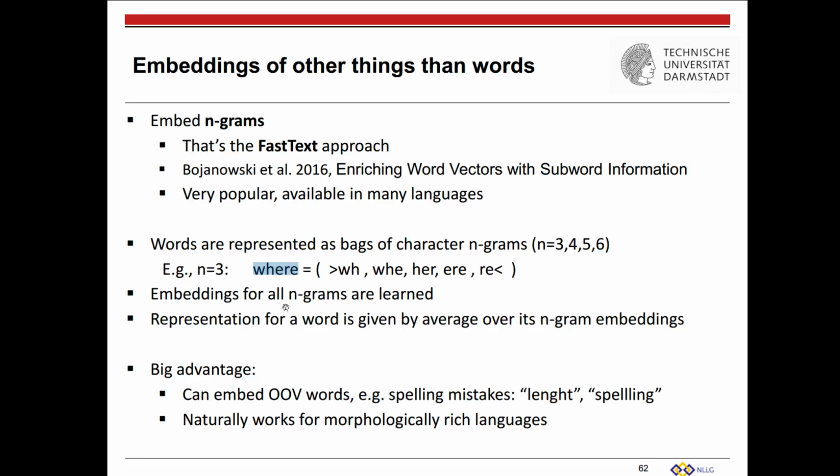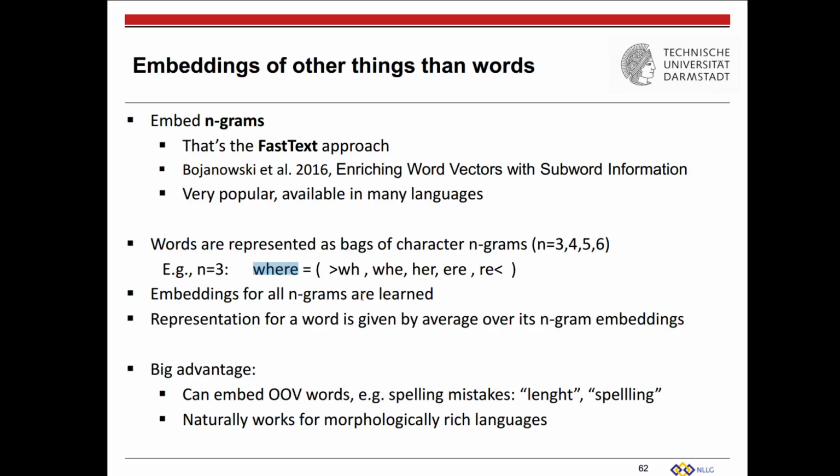And they learn an embedding for all of these n-grams. And what they do finally is they average over all these little embeddings. So they get a bag of 3-gram embeddings, a bag of 4-gram embeddings, and then they average over all of these vectors, and then they take this big average to be the embedding of the word where.